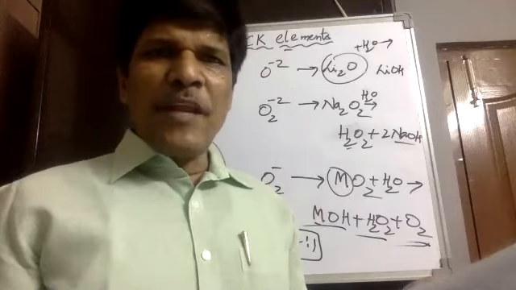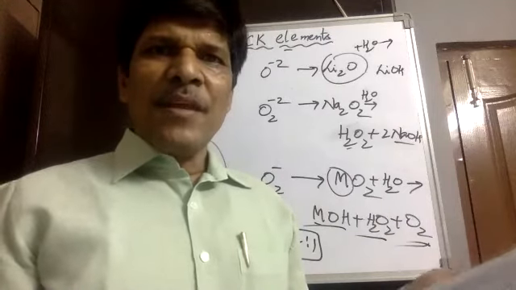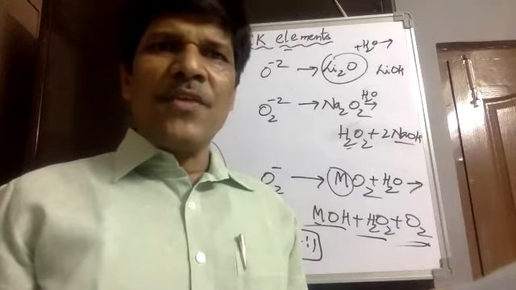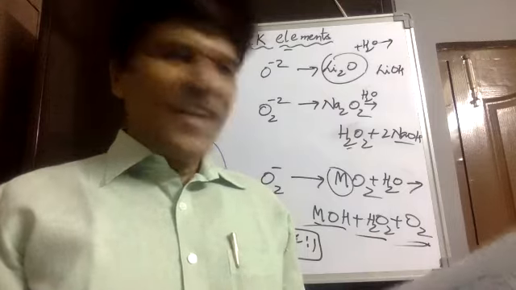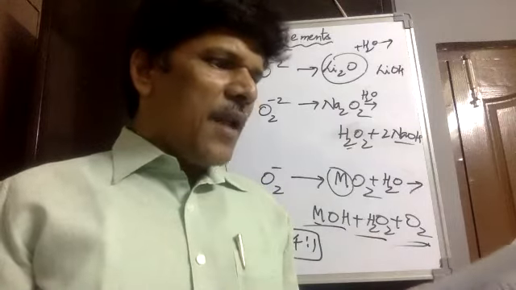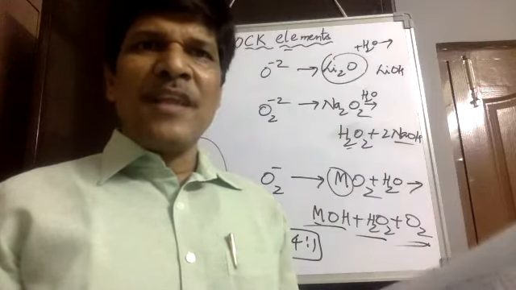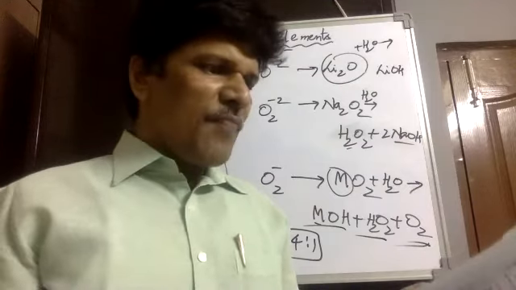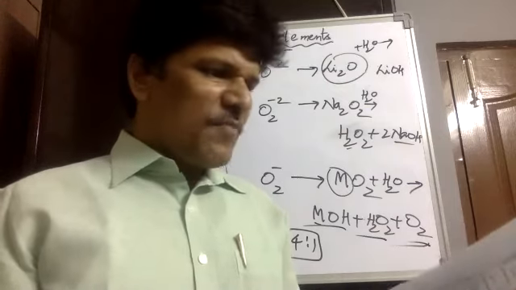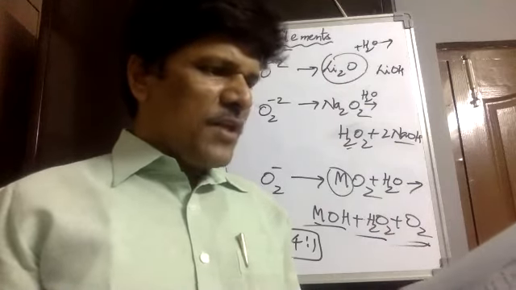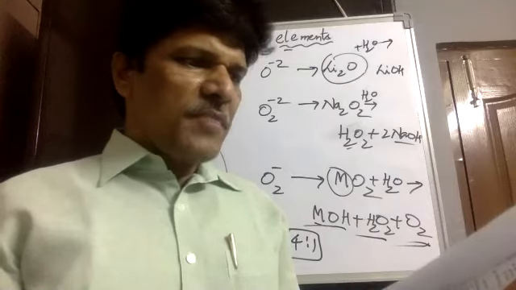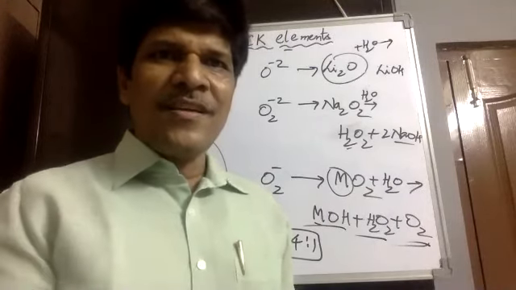In group 2A elements, except beryllium, all remaining elements react with nitrogen and are converted into their nitrides. But among alkali metals, only lithium gives lithium nitride; other elements cannot give direct combination for nitride formation. Therefore, we have lithium, calcium, barium, strontium and magnesium. 5 is the correct answer.